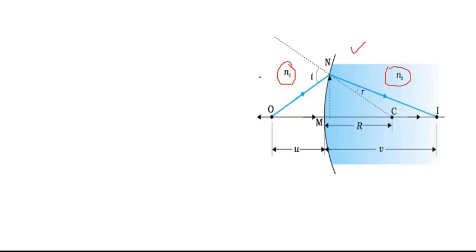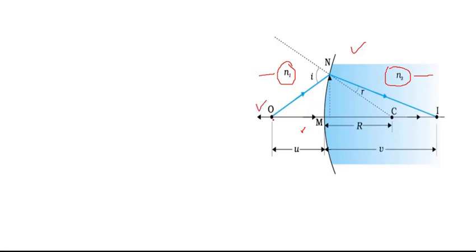This is the refractive index of the first medium, and this is the refractive index of the second medium, separated by the spherical surface NM. So this is a convex spherical surface, and OMCI is the principal axis of the convex spherical surface.